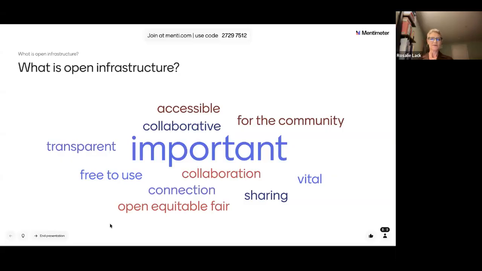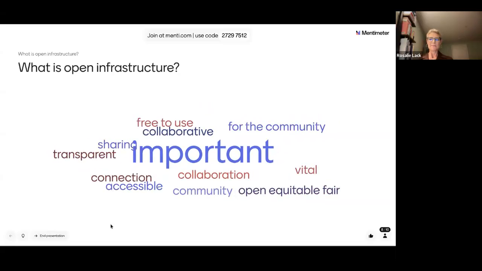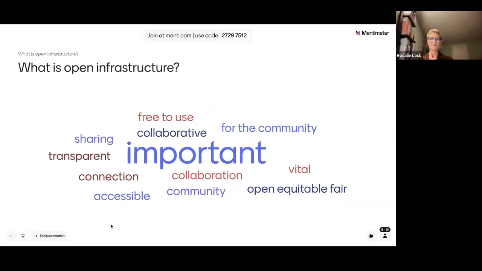I think all of these terms really speak to what we're going to be talking about today, so this is great. These are amazing. It's sort of fun to see them come up. Sharing is a good one also. That definitely speaks to open infrastructure, these values of community and collaboration and equitable and vital and free to use.